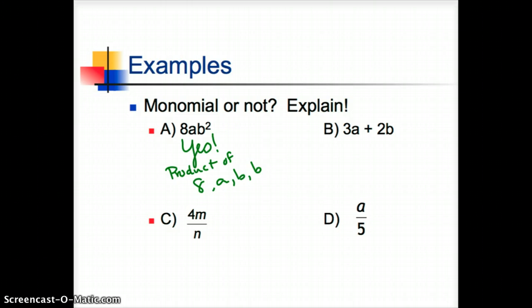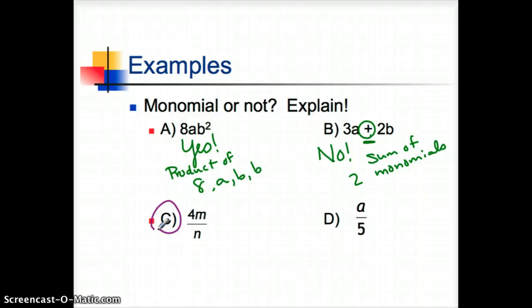Okay, b, 3a plus 2b. Oh, this is not a monomial. The reason being it has a plus here, so it's the sum of 2 monomials, but the whole thing itself is not a monomial because it's not just a product of numbers and variables. Okay, c, 4m divided by n.